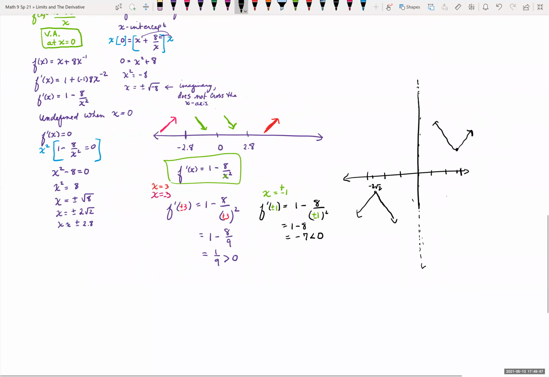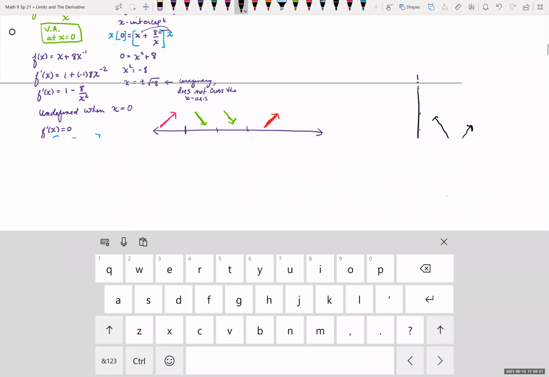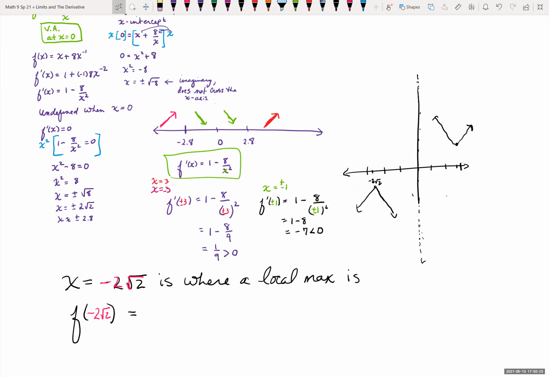Remember, we can find out what our points are. So we're given that x equals -2 root 2 is where the local max is. And if we plug that into our original function, we had x plus 8 over x.